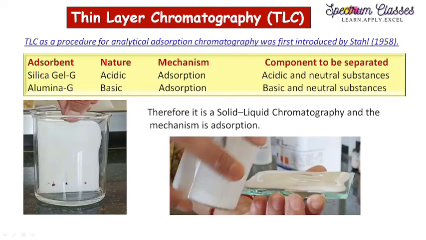Since this adsorbent is solid, we are using solid liquid chromatography, and the solute is adsorbed on the adsorbent, right? Therefore TLC is solid liquid chromatography and adsorption is the mechanism.